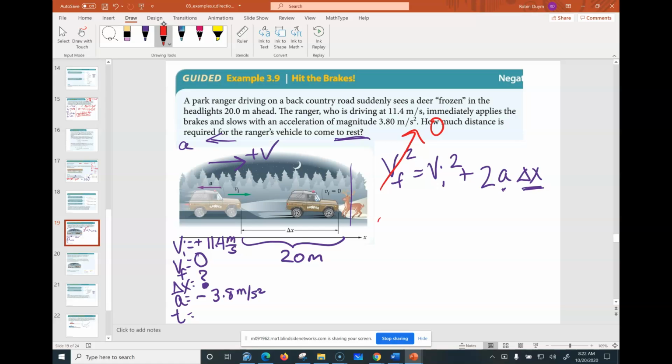So we're going to have 0 on this side. We're going to have 11.4 squared plus 2 times negative 3.8 delta x. We're solving for delta x. So if you want, you can crunch your numbers now.